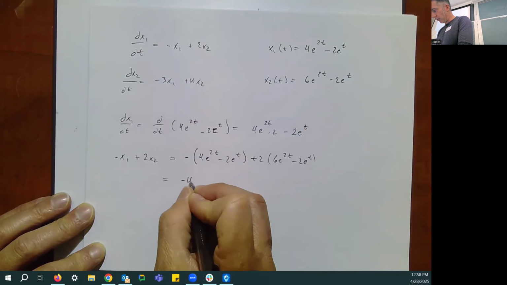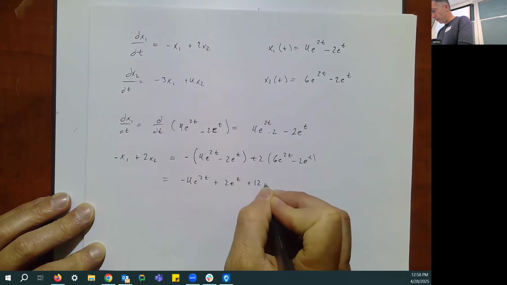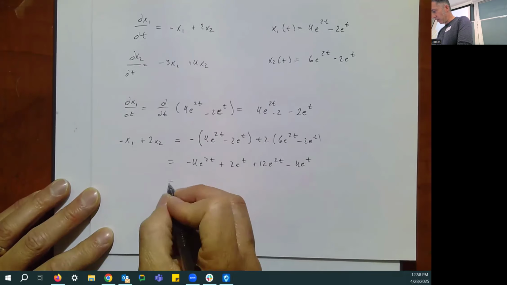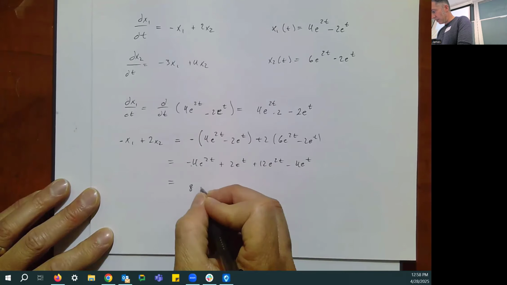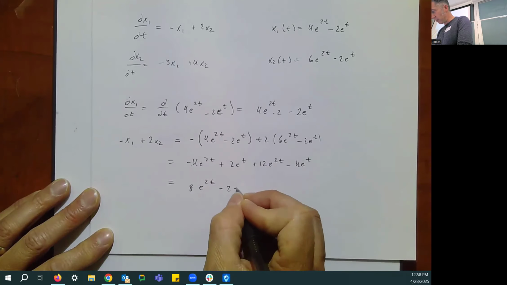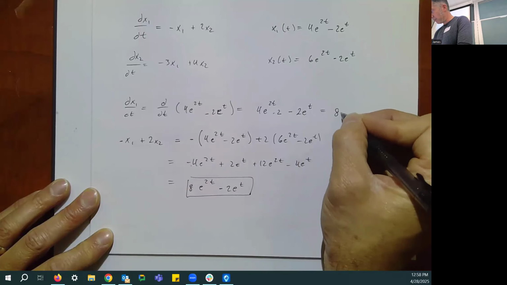That's negative 4e^(2t) plus 2e^t plus 12e^(2t) minus 4e^t. And that's going to be negative 4 plus 12 is 8e^(2t), plus 2 minus 4 is minus 2e^t. And that's exactly the same as that up there.